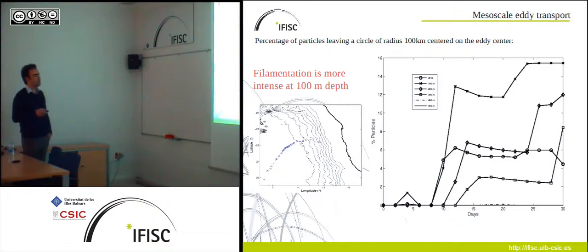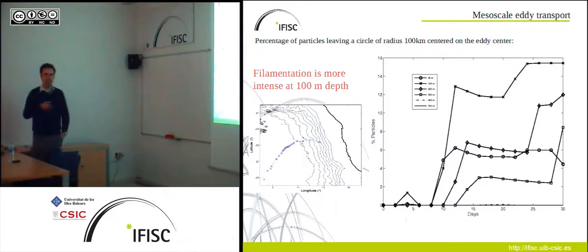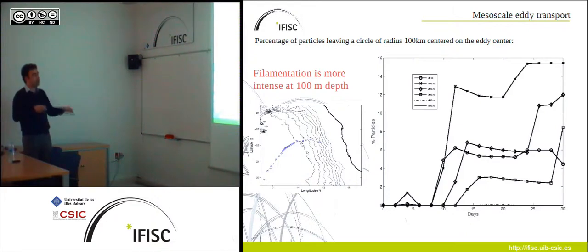And you can see that filamentation is higher at 100 meters depth, and it decreases as we move to deeper depths. So the maximum of filamentation occurs at 100 meters, which coincides with that maximum that we saw on the profile of the average finite-size Lyapunov exponent fields. We think these are related, but we are still working on an explanation for it.